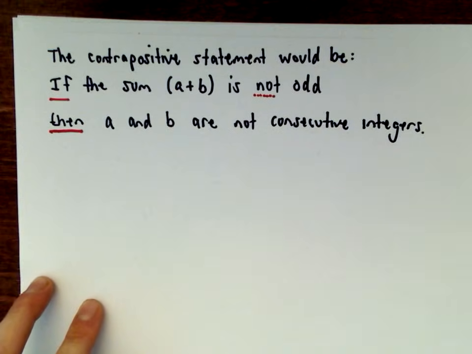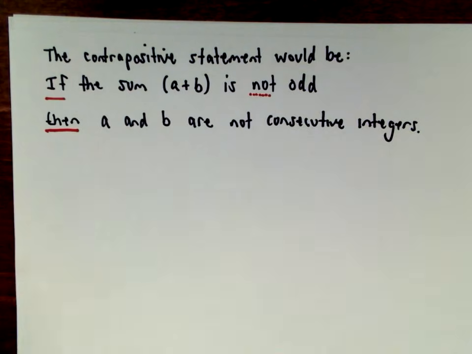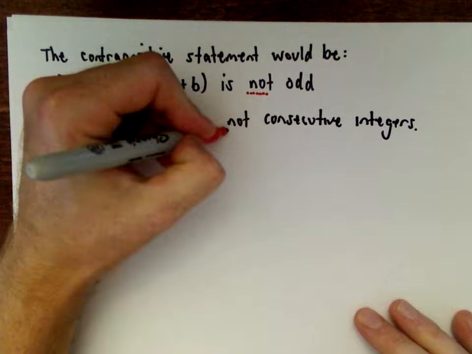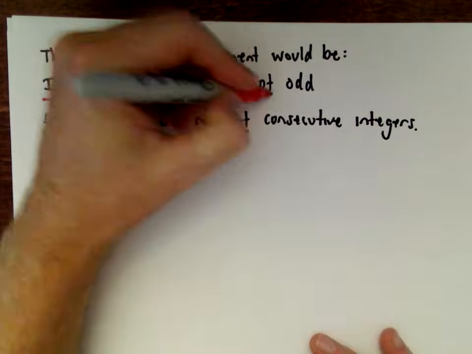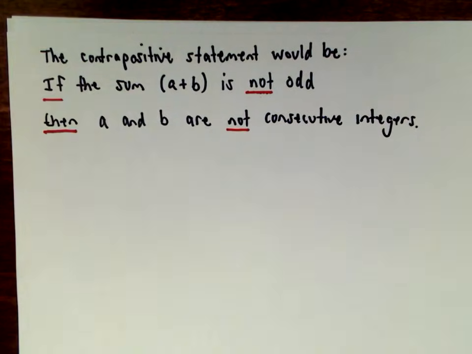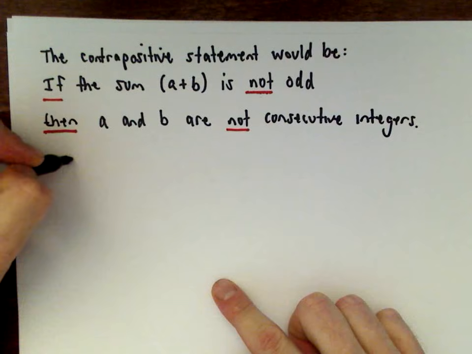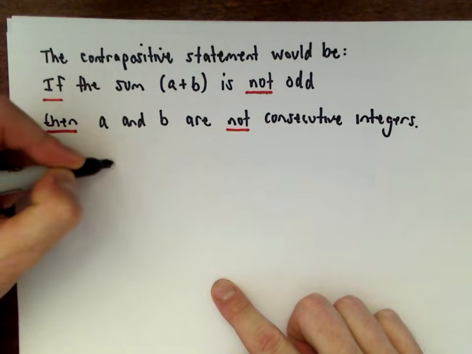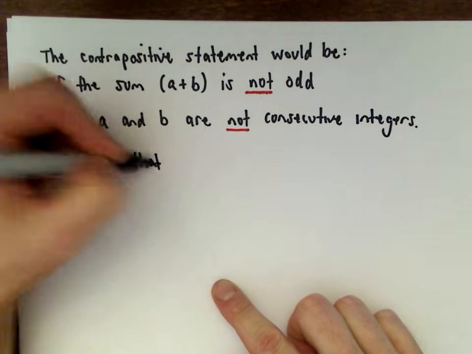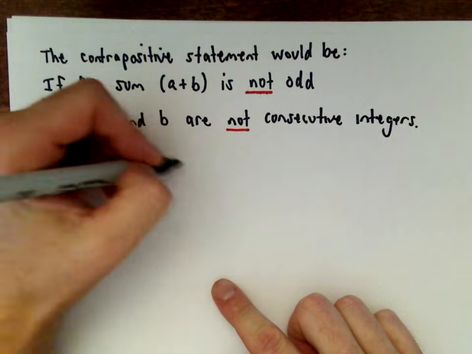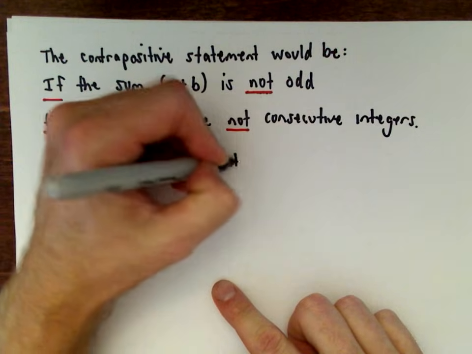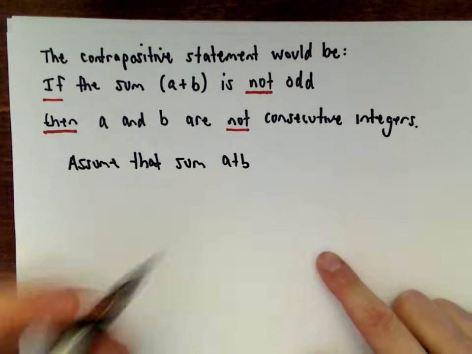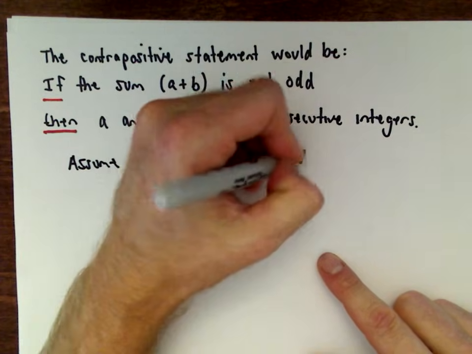Okay, so this is going to be our contrapositive statement now. And I've got not underlined there once. Let's underline not in there again. Okay, so let's prove this. We're going to assume that the sum a plus b is not odd. That's our assumption.